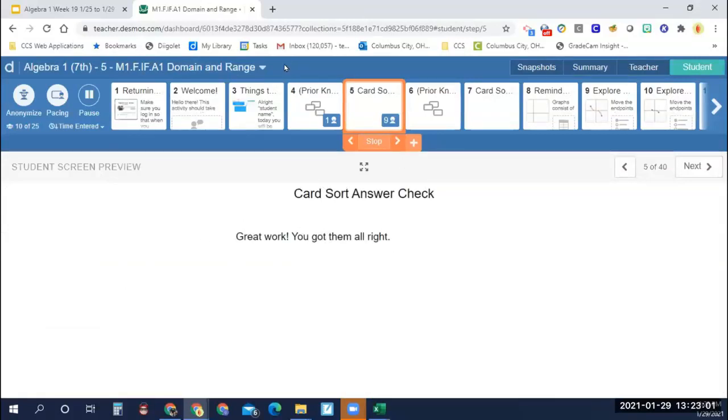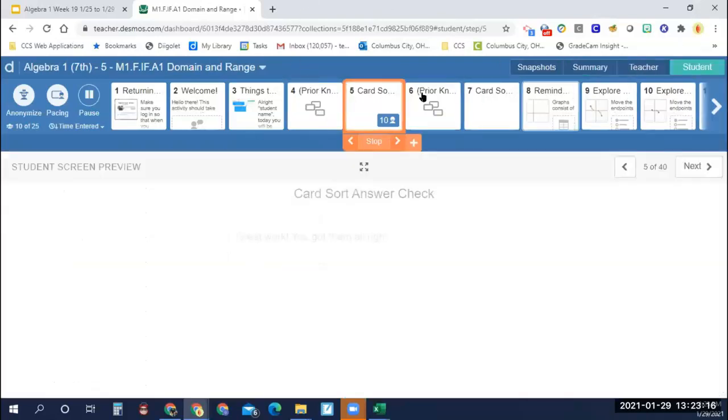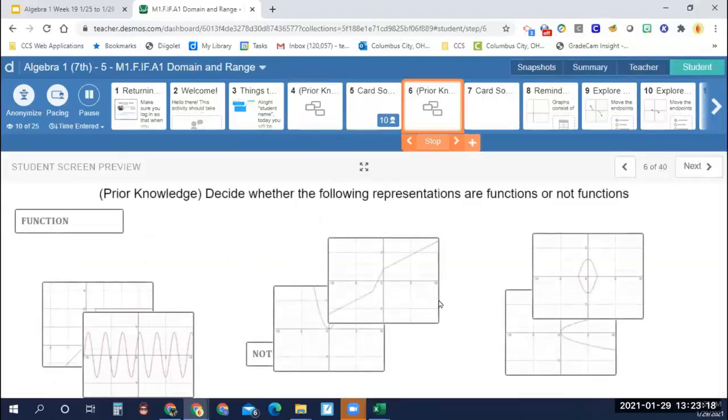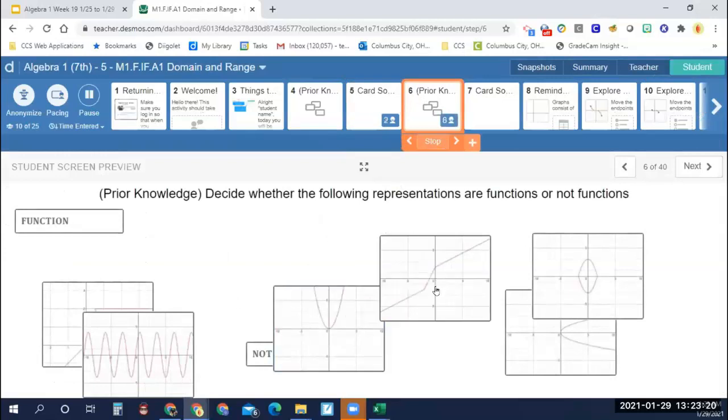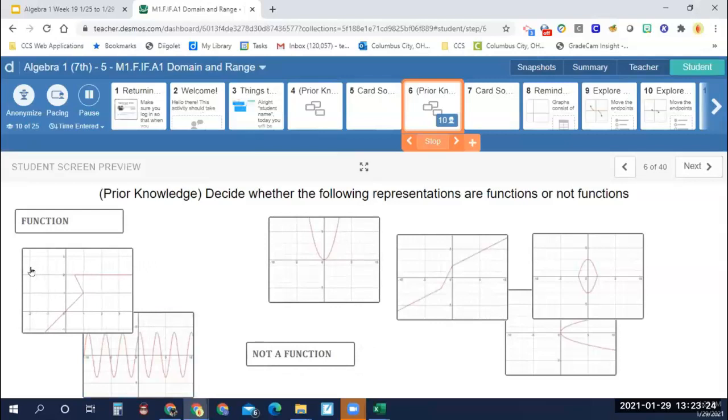It would have told me I didn't have them right if I had left it the way it was. But back to what I was saying on this summary, those of you who didn't get them right have X's. We're going to want to go back and fix them because that's part of your grade for this activity. And you can go back and fix them after a while. Mr. Blake and myself can both help you out with that if you're not sure what is keeping you from having a right answer.